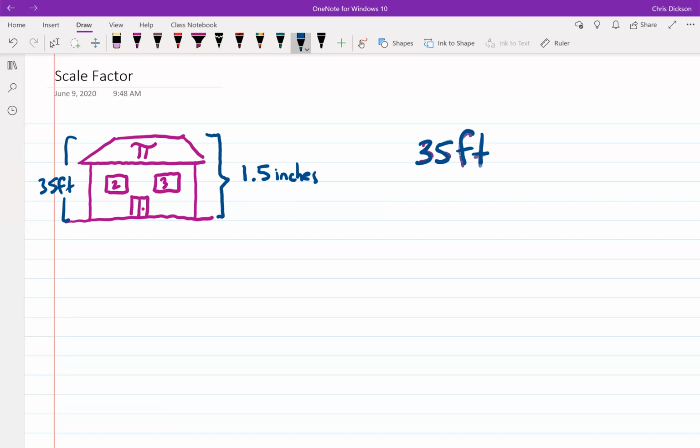So first of all, I think we want to work in the same units. I could convert inches to feet or feet to inches, and I might work in inches here. So let's say the picture is 1.5 inches. Now what I have to do is take the feet and turn those feet into inches.